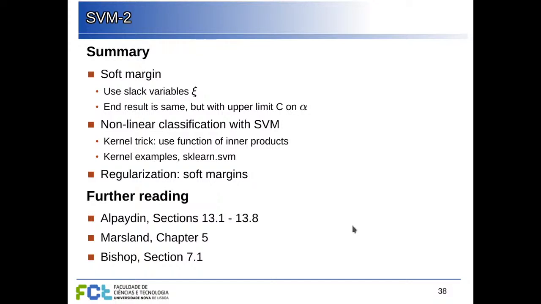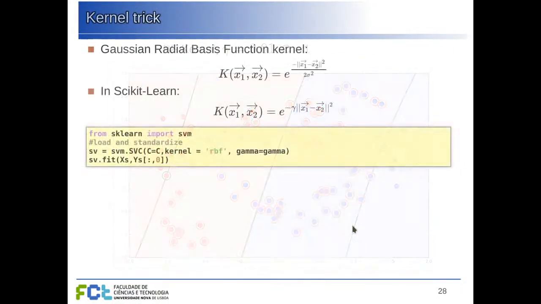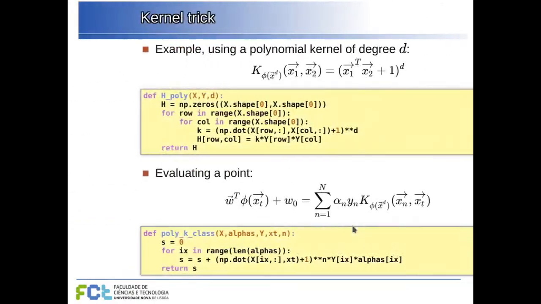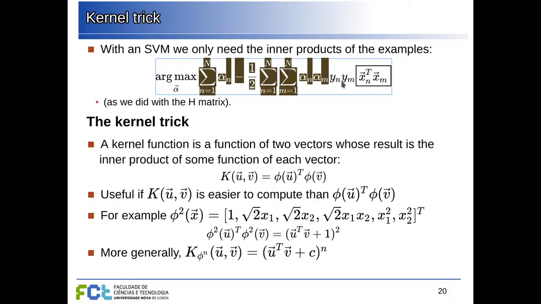The first part was a bit complex because of all the mathematics there, but what you really need to understand is these important aspects here. First of all, we are optimizing the function to try to find the values of the Lagrangian multipliers that maximize this expression.